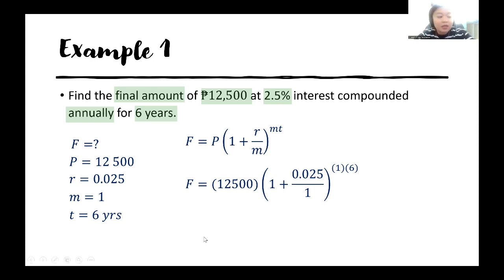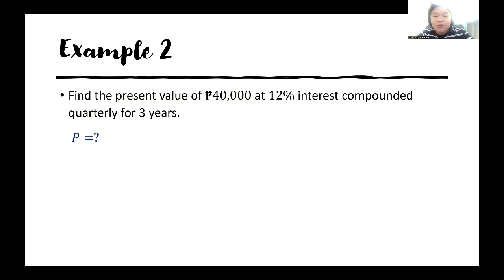So again, reminding everyone to practice inputting this in the calculator so that by the exam, you are more confident in your answer. So the answer would be 14,496.7. So that is your final amount. Okay? Next, let's move on to our second example.